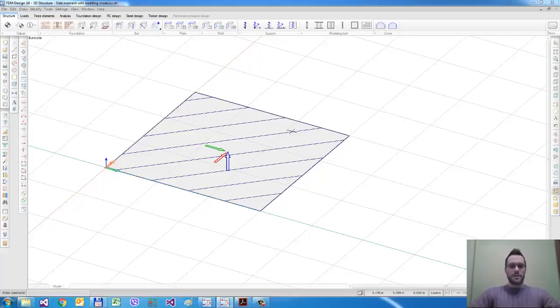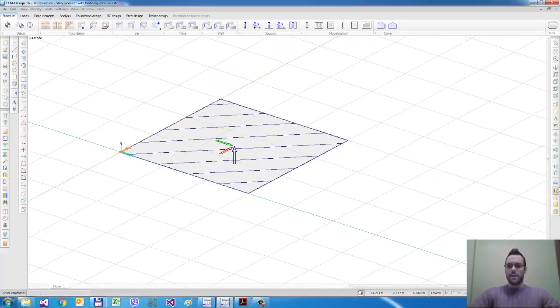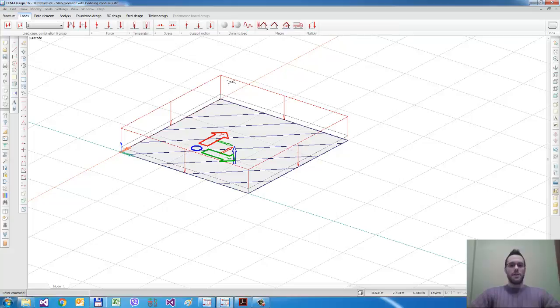Here you can see a 20 centimeter thick plate with a bedding modulus under it, and I apply a uniform distributed load at the top of this slab.